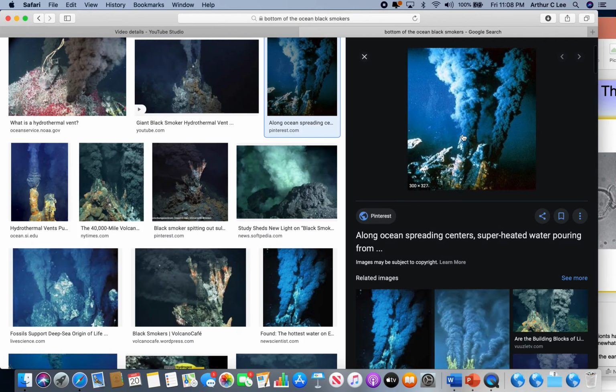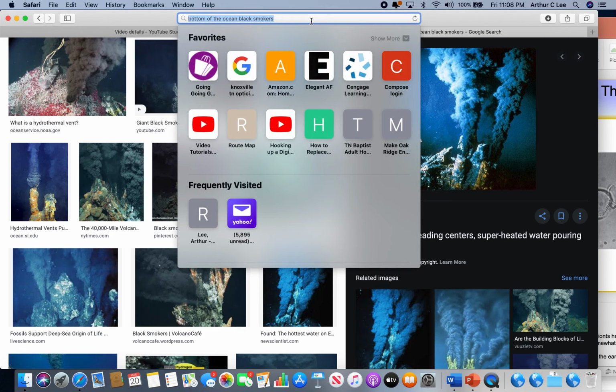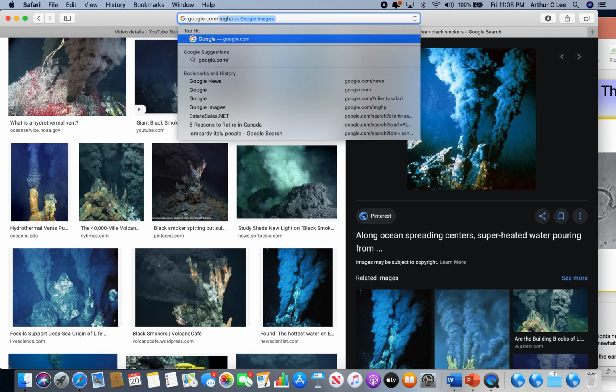On the bottom of the ocean, you've got these chimney-like structures that are spewing out what looks like chimney smoke, but remember, this is underneath the ocean. And when you look carefully at this black smoke, it's filled with these tiny little creatures, which are domain Archaea. This is a new form of life.